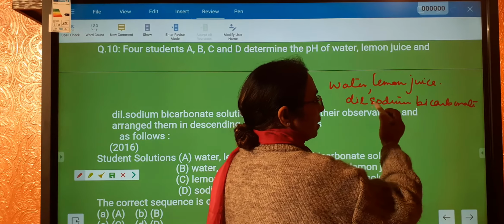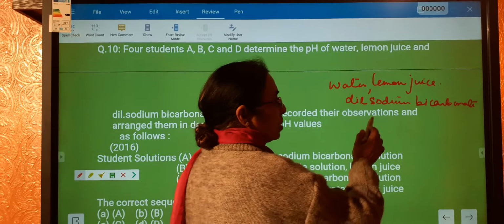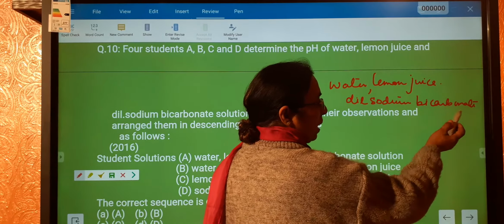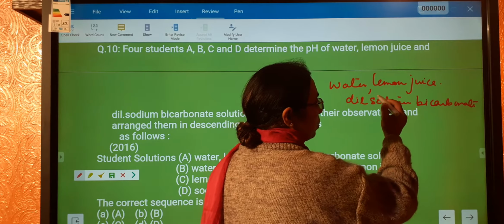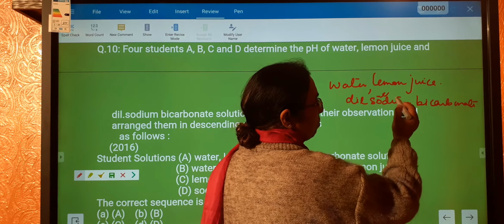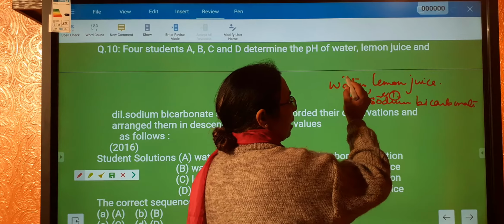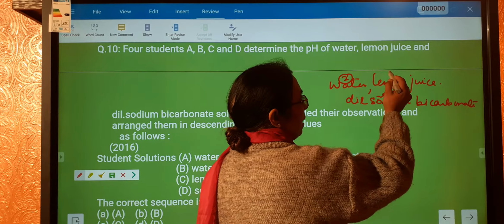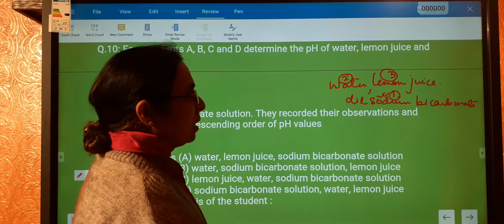Dilute sodium bicarbonate is a salt of strong base and weak acid, so this is basic in nature. So the highest pH will be that of sodium bicarbonate, and when you descend, then water, which is neutral, and lemon juice, which is acidic, so it will have the least pH.